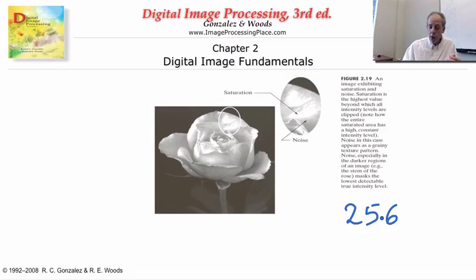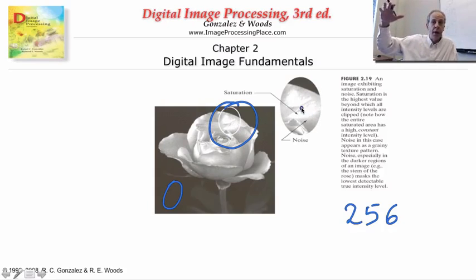The same for an image. We can capture many levels, maybe 256, but if we have to deal with a very dark region and a very light region at the same time, we are in trouble. And sometimes the very small variations in this light region, we're not going to be able to capture. And that's called saturation. So it's going to look all white because it all got to the 255.